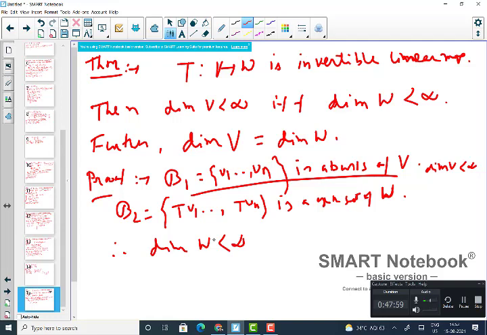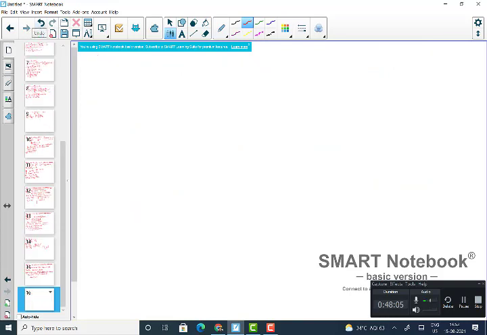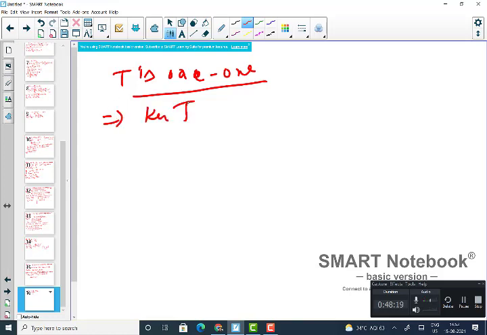So now the question is, why are these two the same? That is obvious, because T is one-to-one, meaning an injective map, and you remember the property of an injective map. So this implies the kernel of T is a singleton, so nullity of T is nothing but 0.